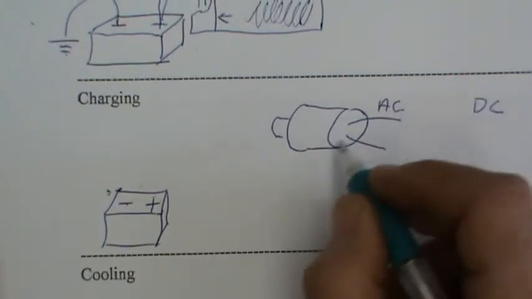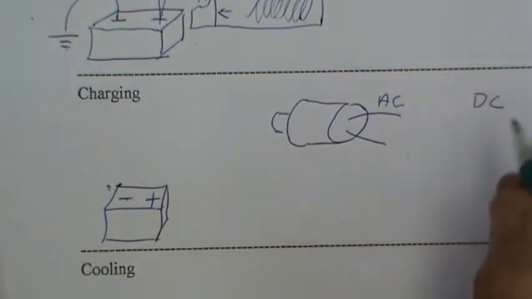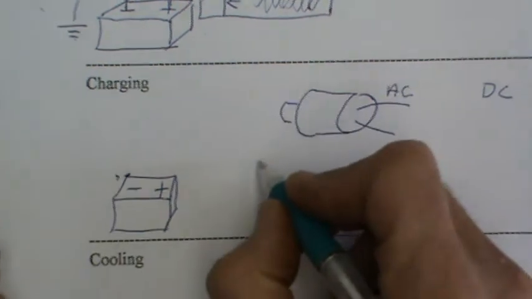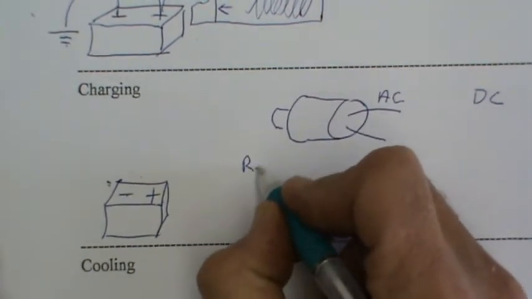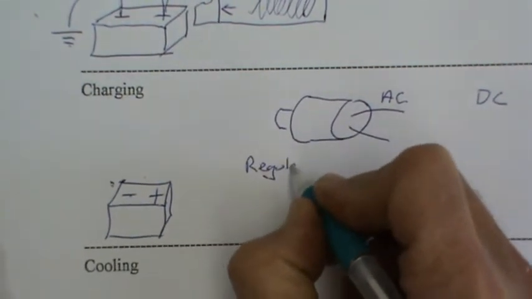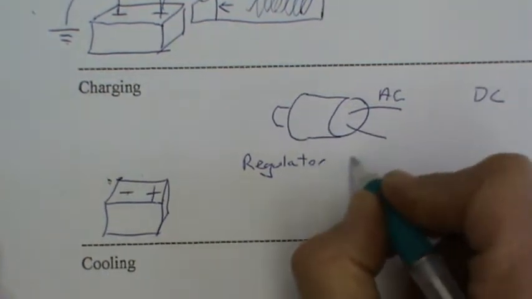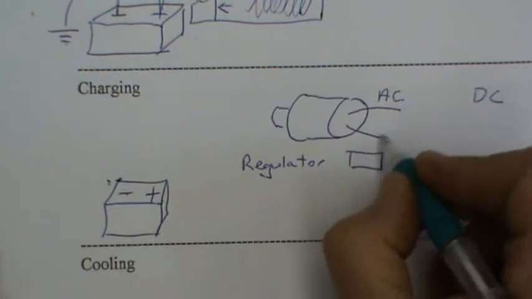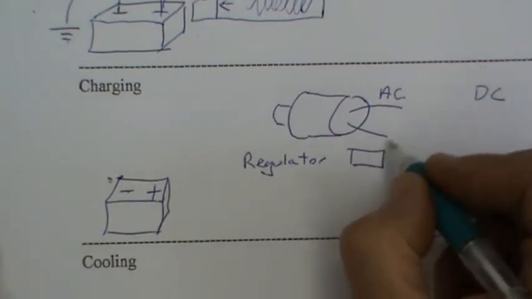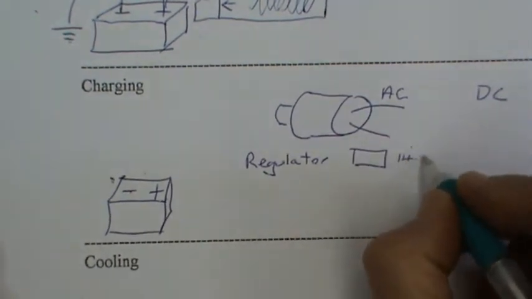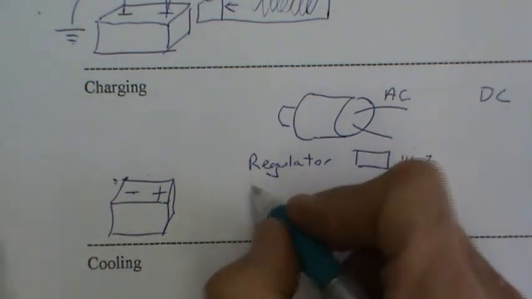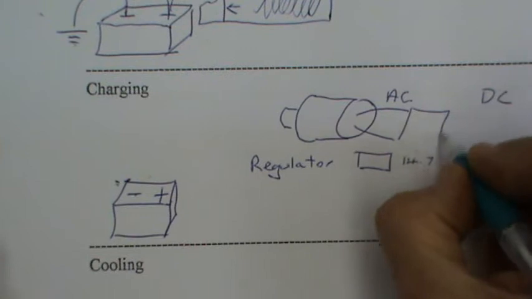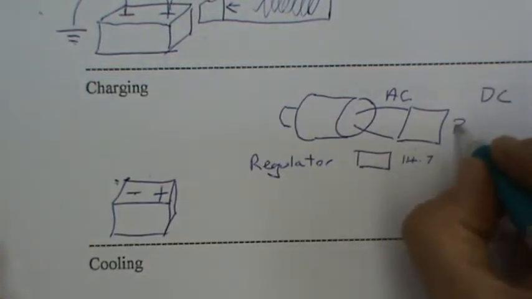If it goes over that, it'll start blowing all our globes. So we've got to go through 2 processes. We've got to regulate it, which is some sort of regulator that controls the amount of current, so it's only 14.7 volts, and then we've got to rectify it, so we've got to change the AC into DC.